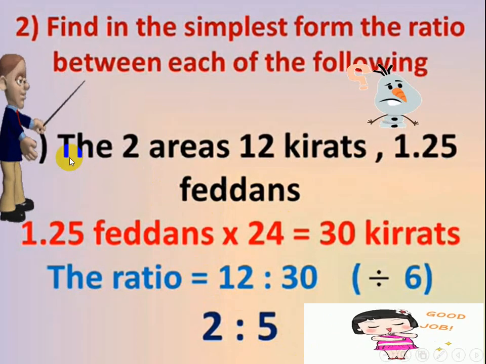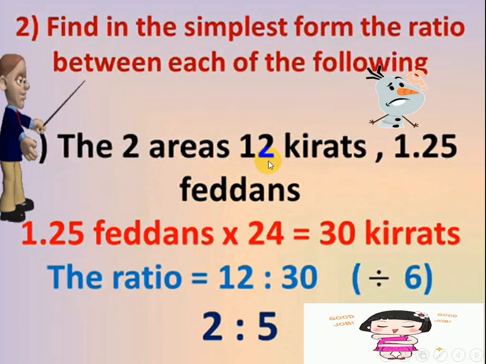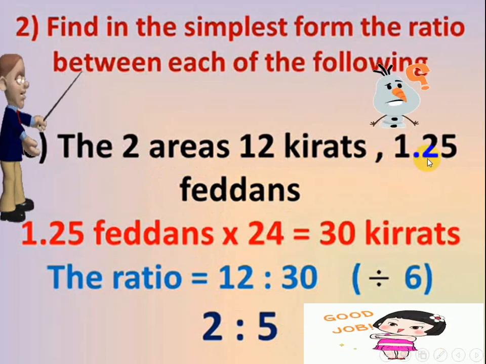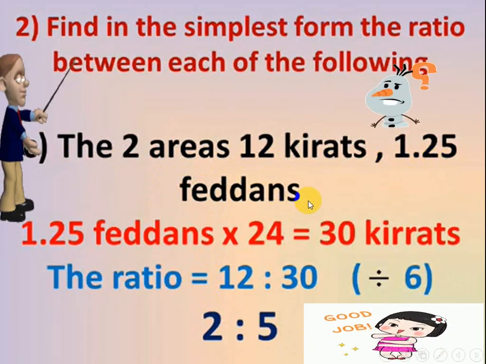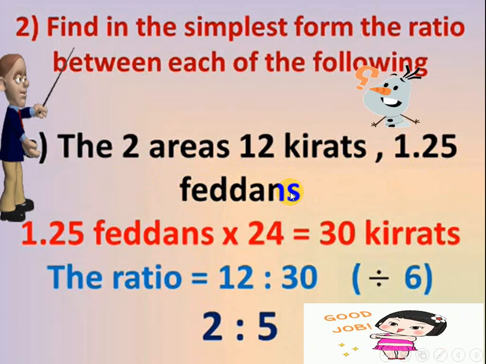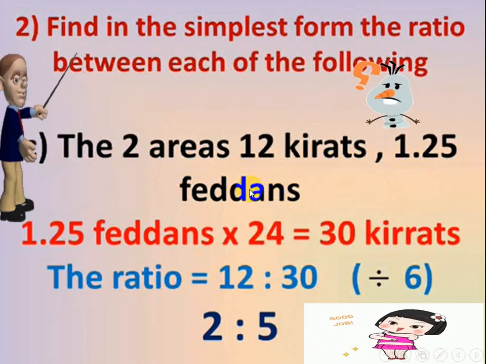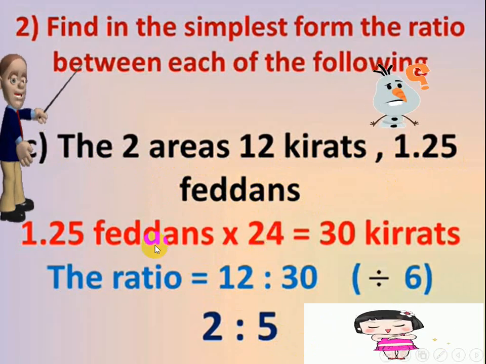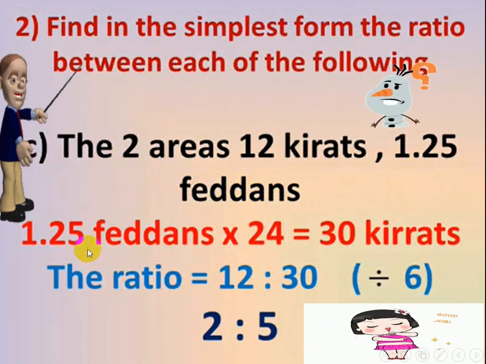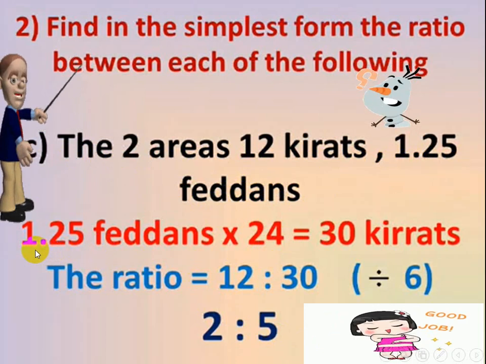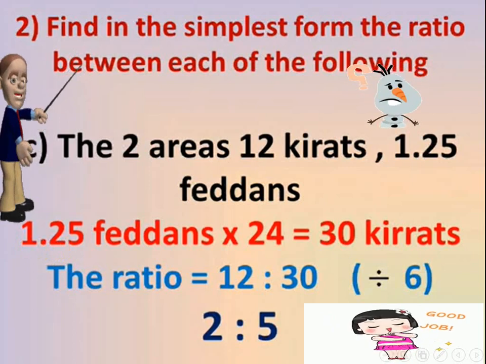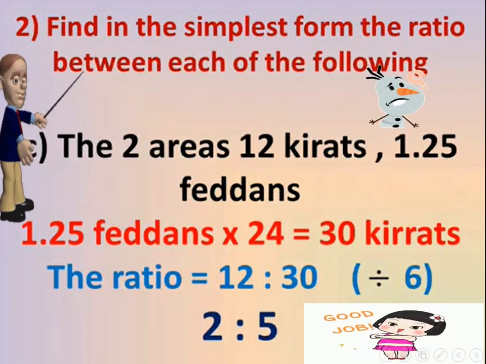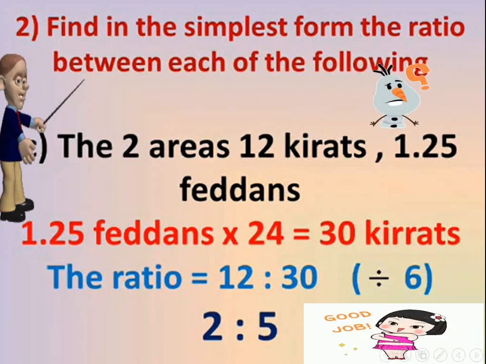Number C, the two areas, 12 carats and 1.25 faddans. You know the faddan equals 24 carats, and 1 carat equals 24 sahms. Observe, 1 faddan equals 24 carats, and 1 carat equal 24 sahms.